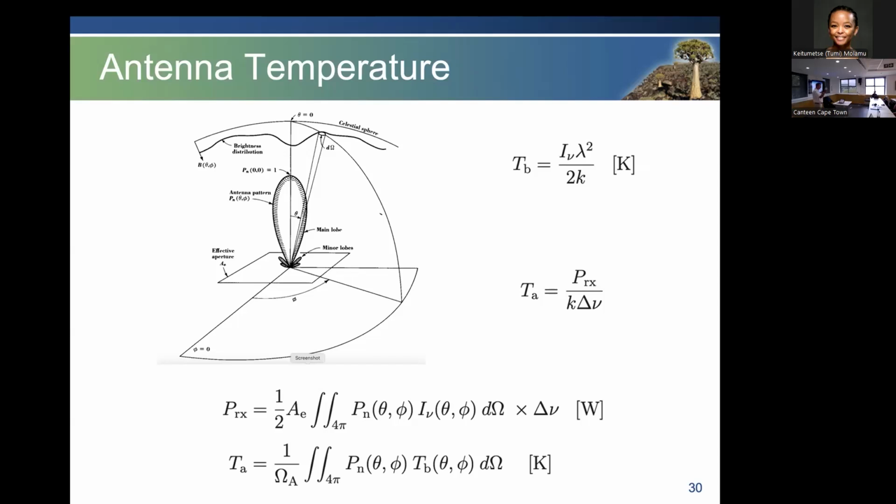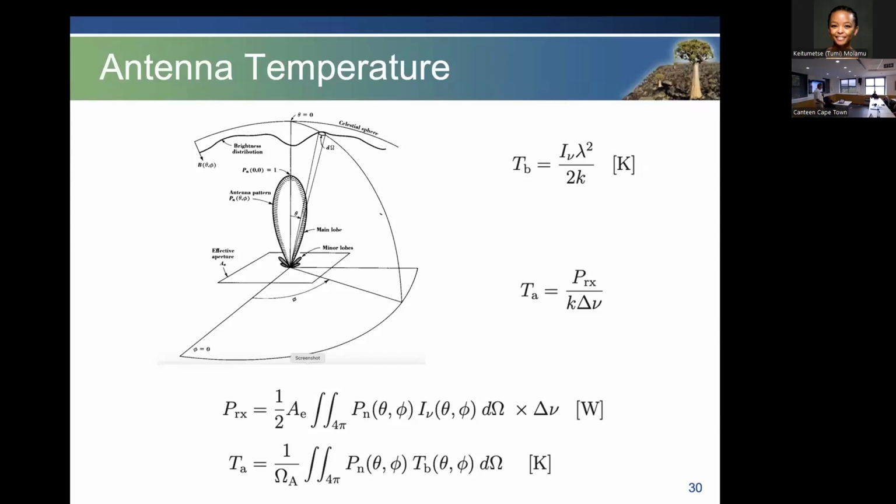The size of the beam is approximately lambda over D, the wavelength divided by the diameter. And that means that normally your beams are of the order of a degree. So the MeerKAT single dish beam at L band is about a degree. So that's bigger than the moon. So you can't make pictures of the moon because you point at the moon and you're looking at the whole moon, not just a single point on the moon.